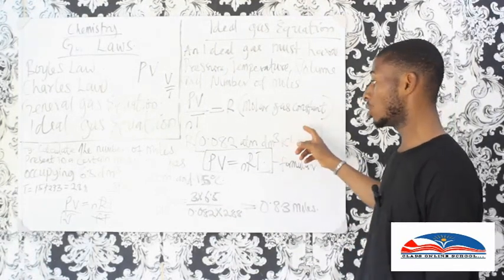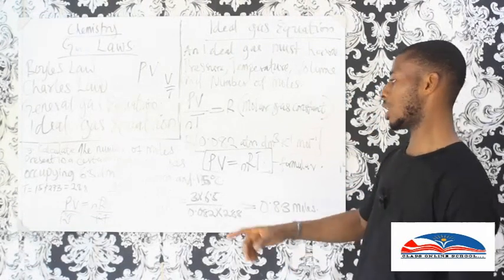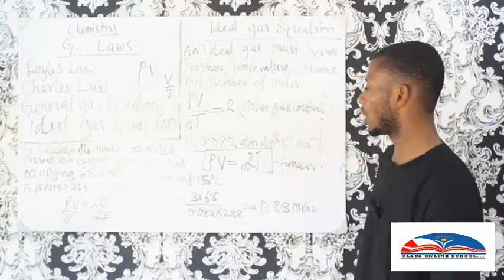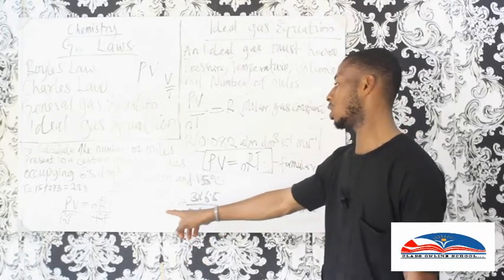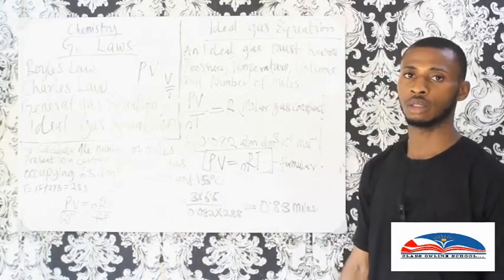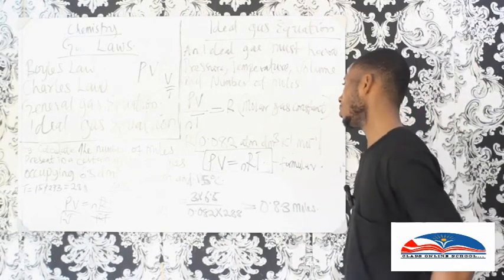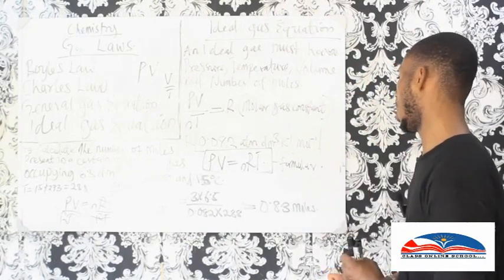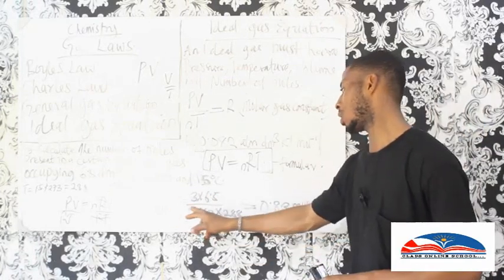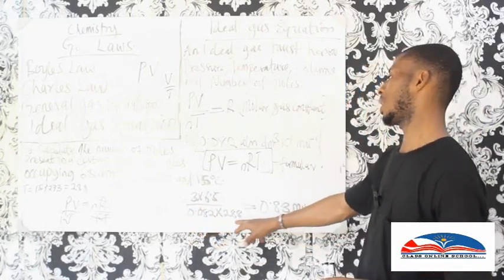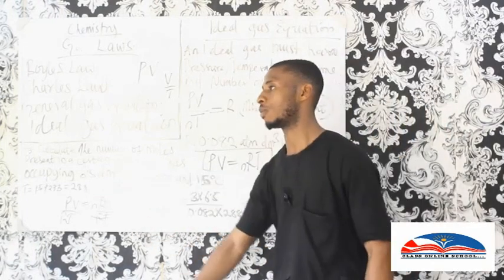If they didn't give you, then you know that you are asked to find it. Maybe they gave you P, they gave you V, they gave everything, but didn't give you R, so you are asked to find it. We move to the solution: 3 times 6.5 all over 0.082 times 288. The 288 is for the temperature.